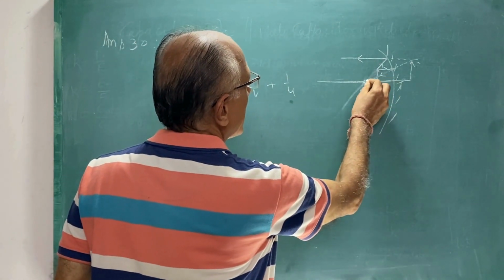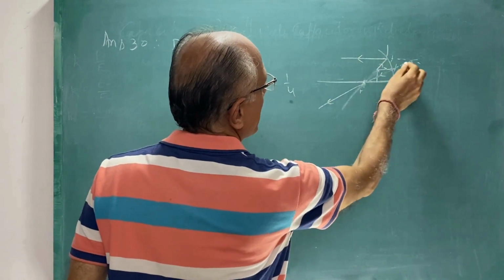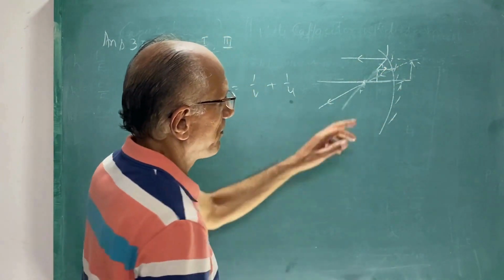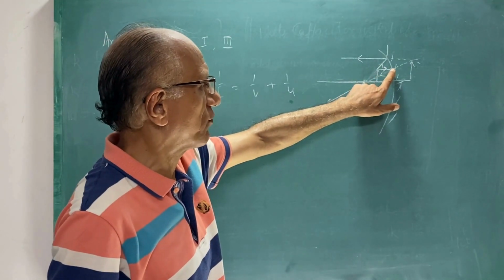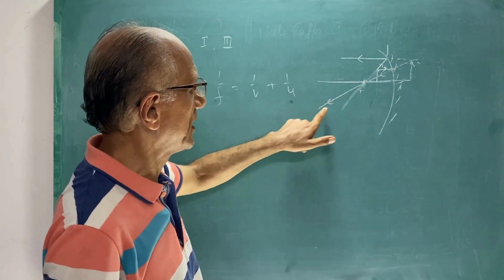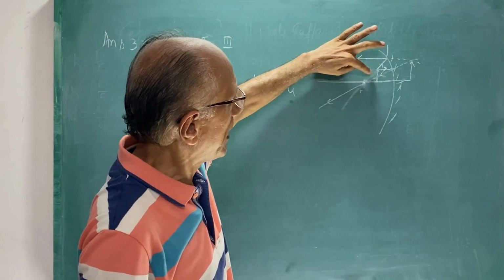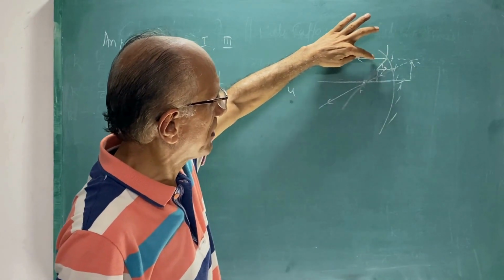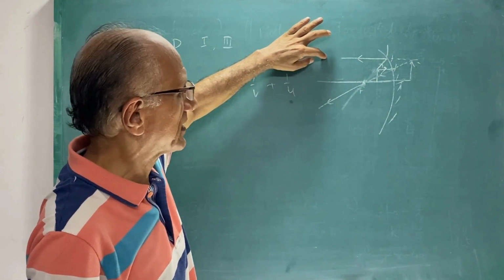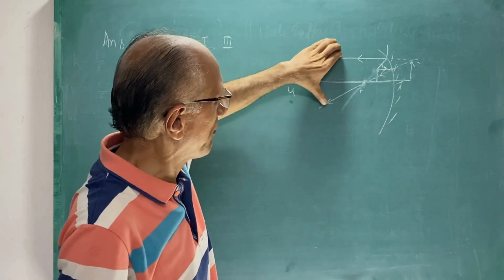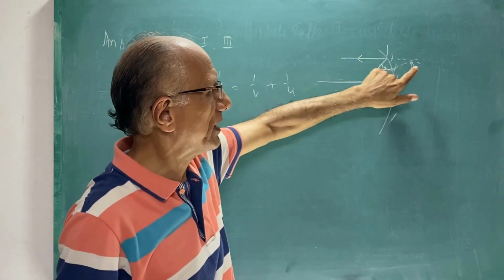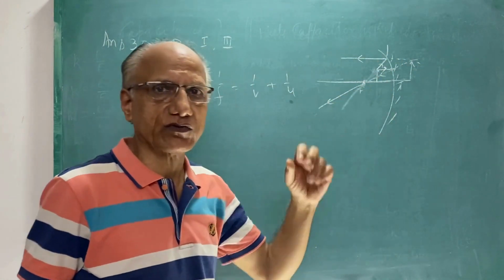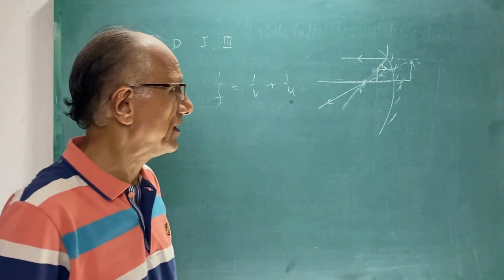So here we have the ray, and these two rays are there. The parallel ray, after reflection from the mirror, passes through the focus, and a ray appearing to pass from the focus will become parallel to the principal axis. So these two rays will never meet but they will appear to meet here. So this is the case when the virtual image is formed there.